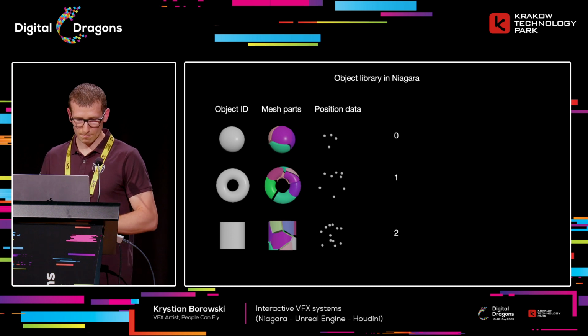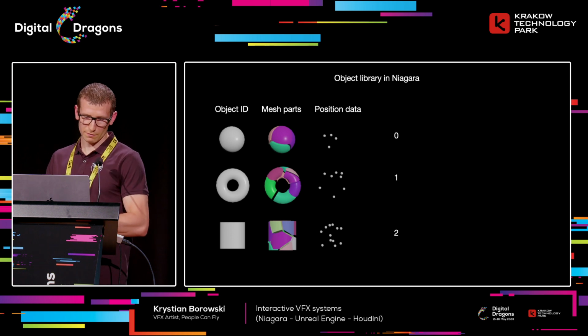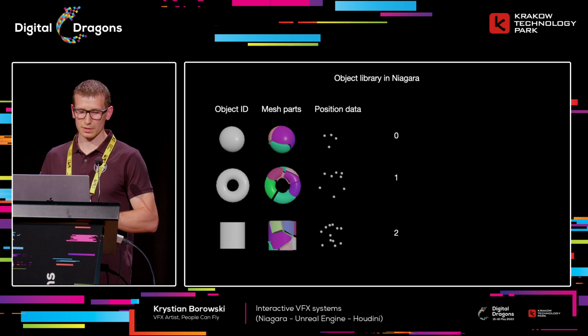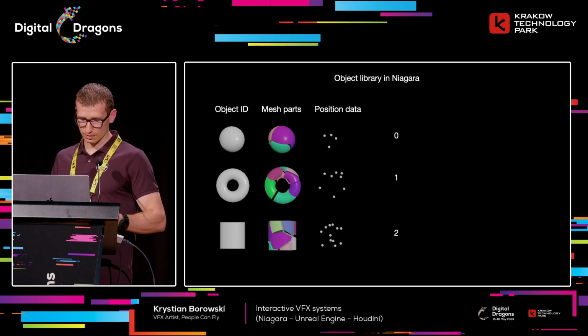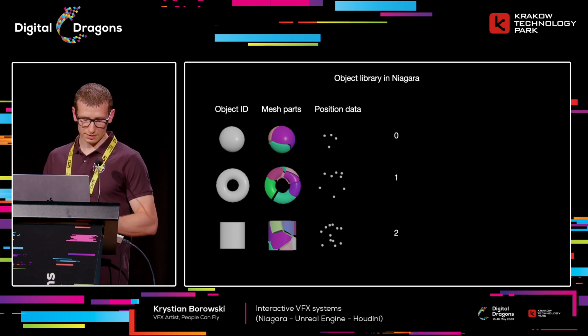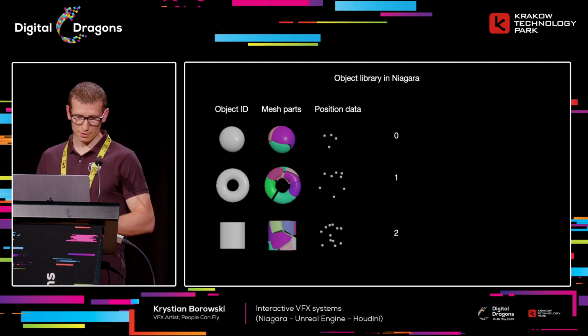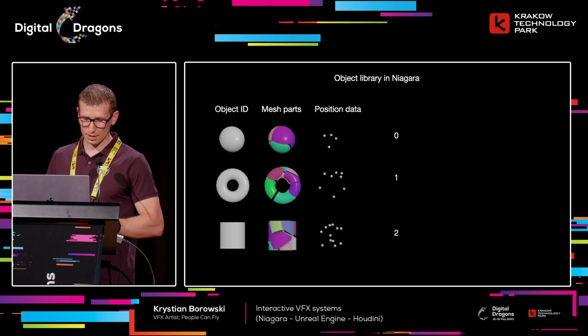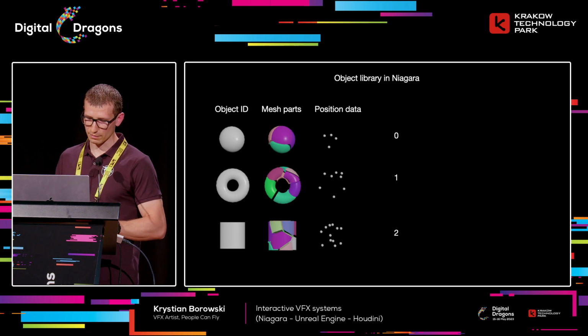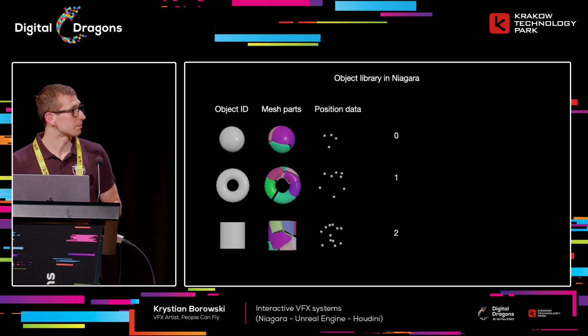And for example, if we want to have multiple target objects, let's say, in this case, this will be a sphere, a torus, and a cube, for example, right? The properties we are interested in are the fractured mesh parts and position data for particles. And we can design a system that will bind selection of these properties with some input.